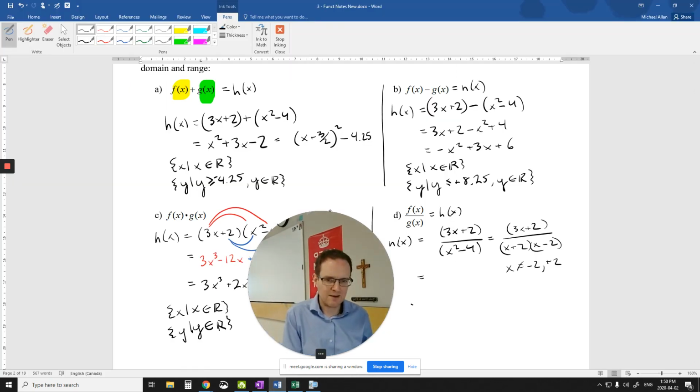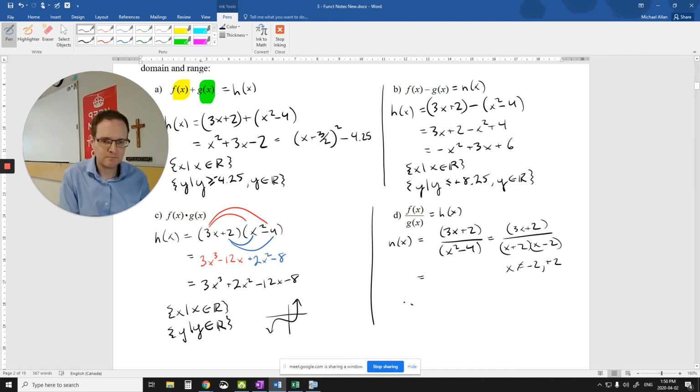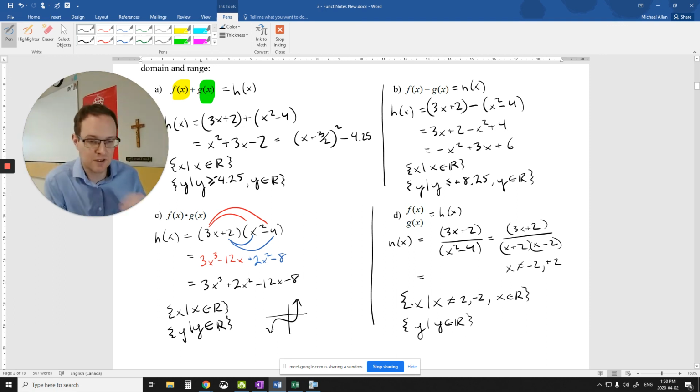So what I have for my domain is x cannot be 2 and negative 2, x is an element of the reals, and y is an element of the reals. So there is a horizontal asymptote, but because that middle part kind of crosses through, you can see from the graph, even though I have a horizontal asymptote with y is equal to 0, we don't include that down here.